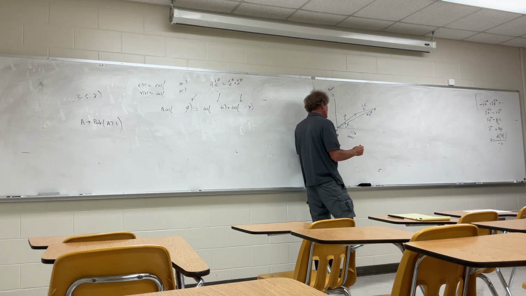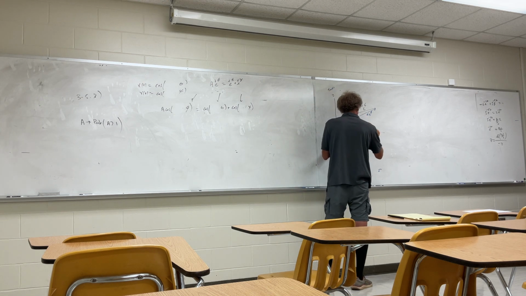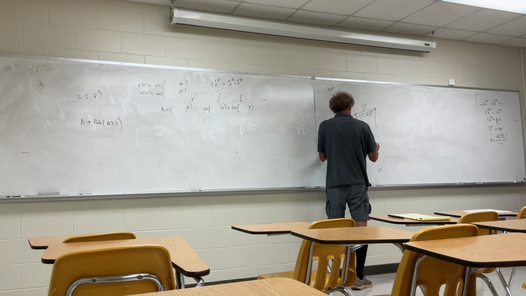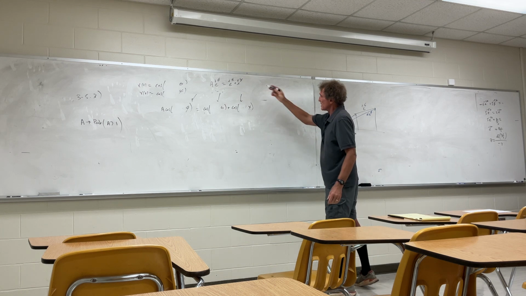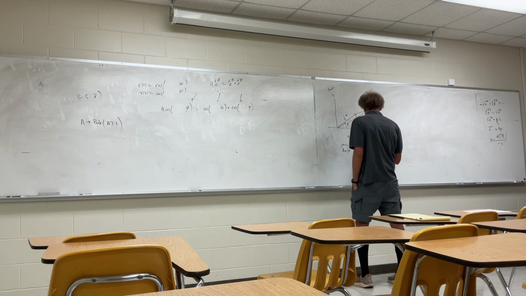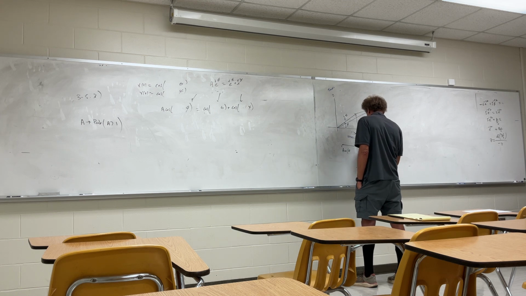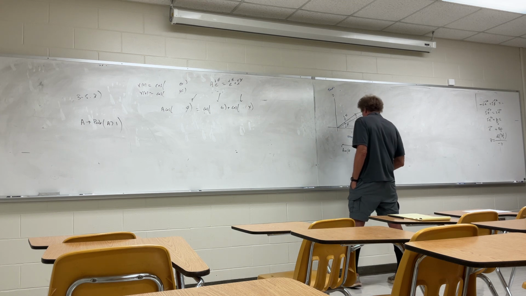Well, when you do this, follow me. If I take the projection here of these things, this distance here would be a cosine of, it should be theta, I'm sorry. This should be theta right there. And this would be just cosine of theta.